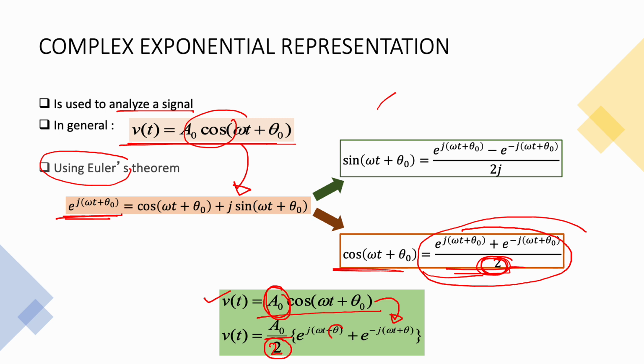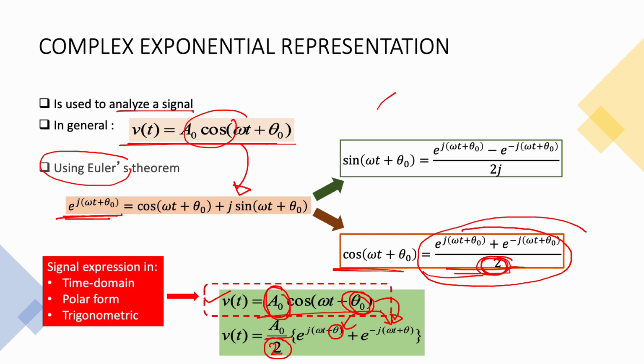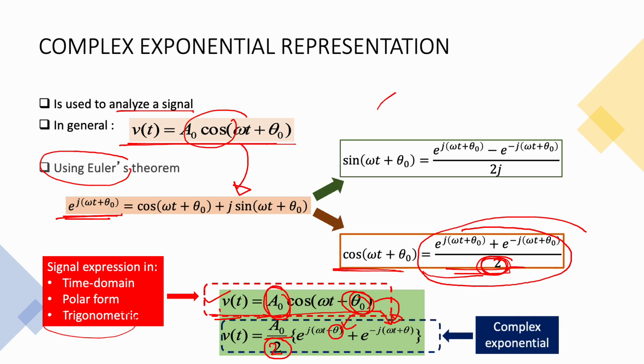So the value of theta here depends on the value in the general equation. It is the same value. Basically this equation is used for a trigonometric equation, whereas the lower equation is used in a complex exponential.